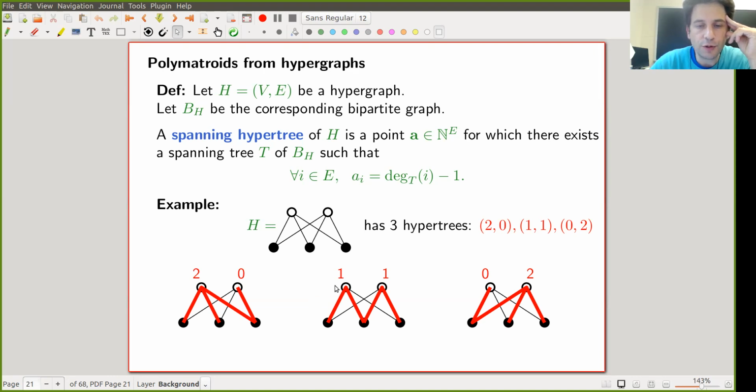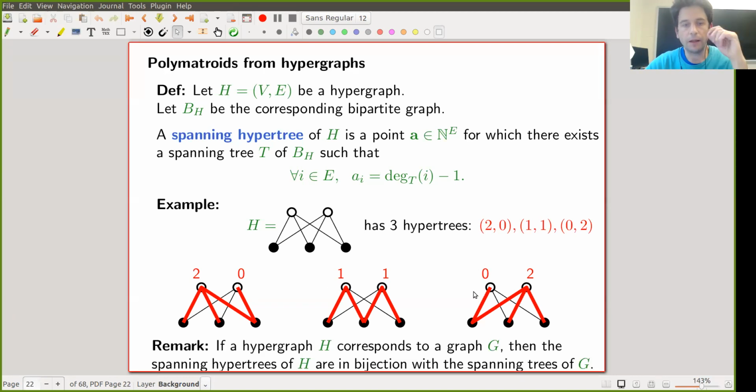In this second example, it's 1 and 1, and that corresponds to the fact that I'm going to use this hyperedge to create 1 connection, and this hyperedge to create 1 connection, and so on. So that's a way of thinking about these numbers.